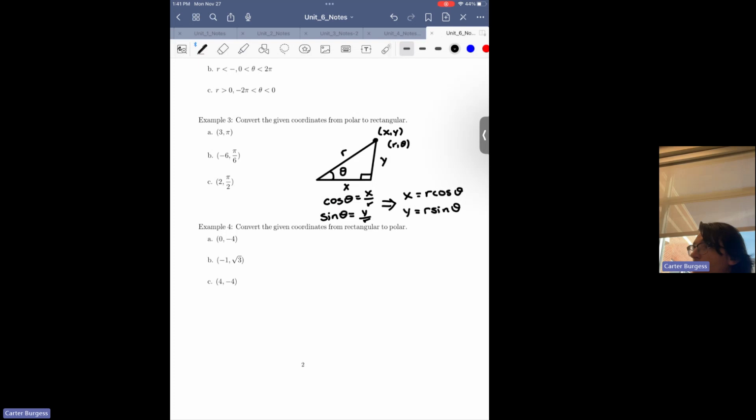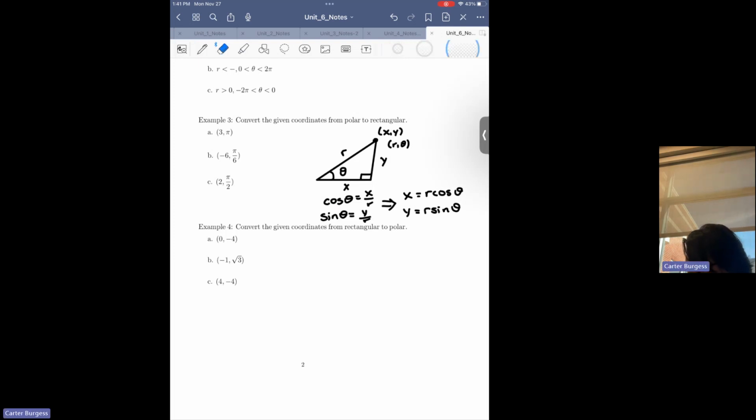And so if I give you the r and the theta, it's very simply a matter of plugging it into r cosine of theta to find the corresponding x value, plugging it into r sine of theta to find the corresponding y value. It is that simple. All right, let's try this with 3a.